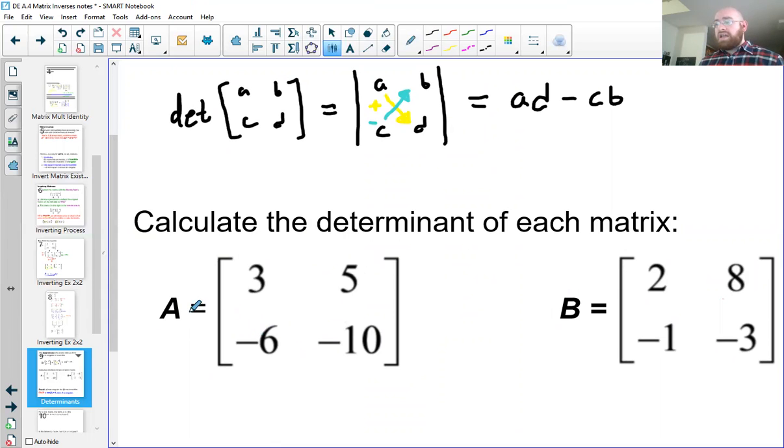If you recall, A was singular, B was non-singular or invertible.